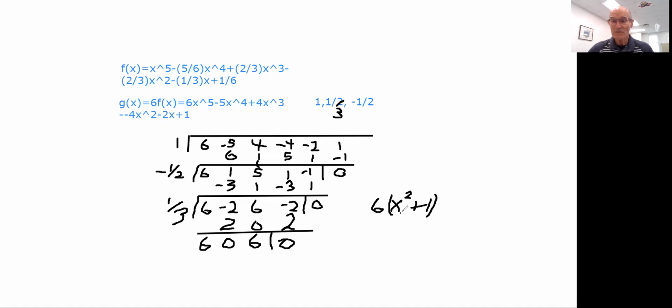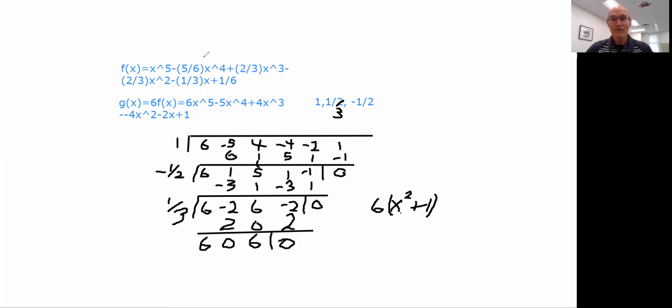And if you try to factor x squared plus 1, you get imaginary answers. So in this particular case, this polynomial has 3 real roots and 2 imaginary roots, but it has 5 total.